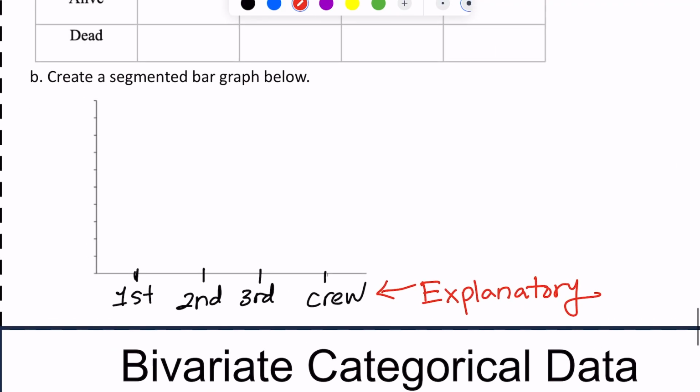And then for a segmented bar chart, your y-axis is always going to look like this. It's going to start at 0, and it's going to make its way all the way up to 1.